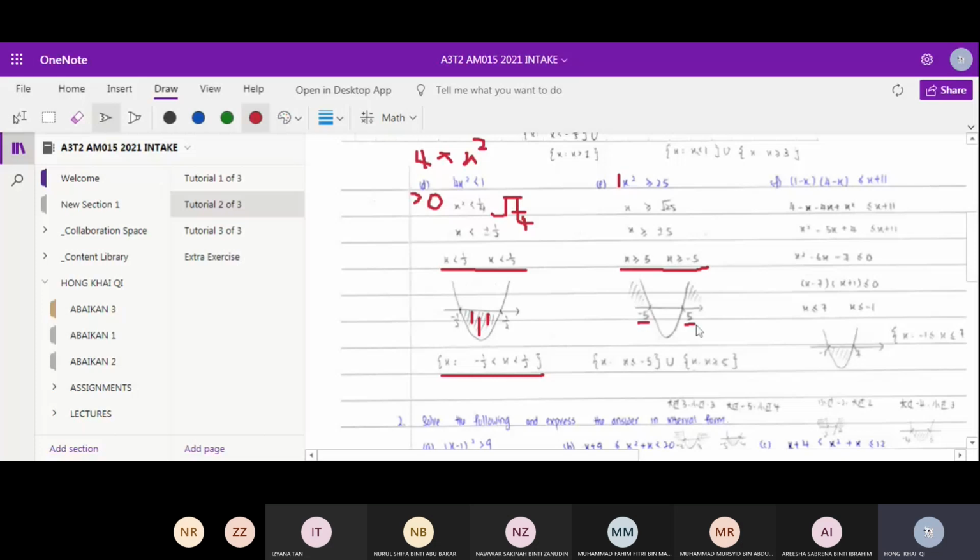And then we see the symbol more than or equal to, so the part will be up here. The part we need to highlight is above the number line. So the answer is x less than negative 5, union with x more than 5.